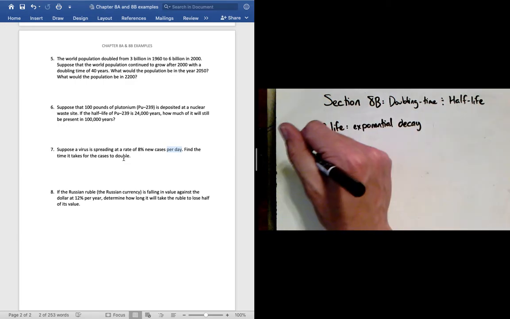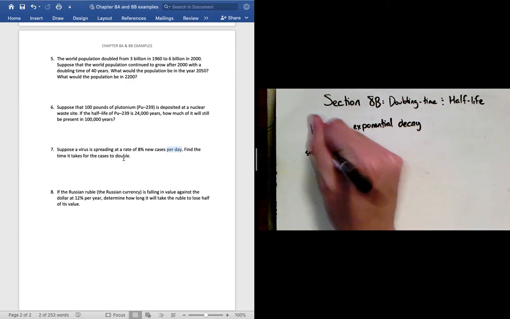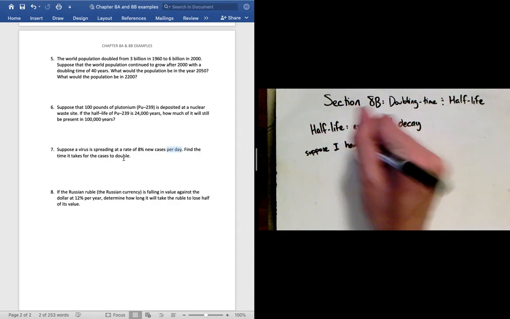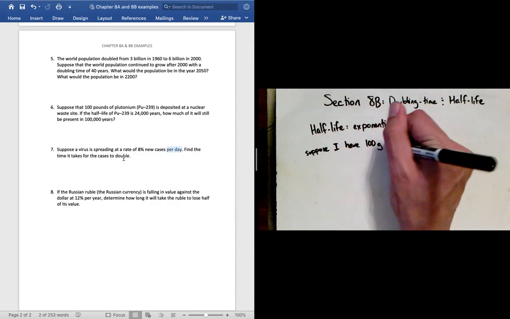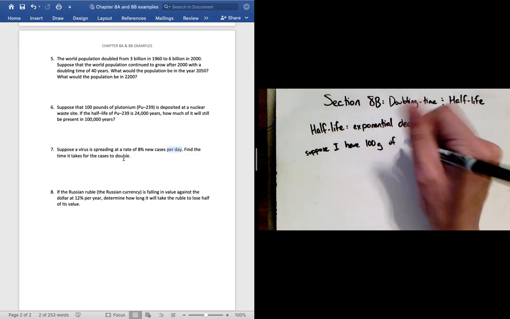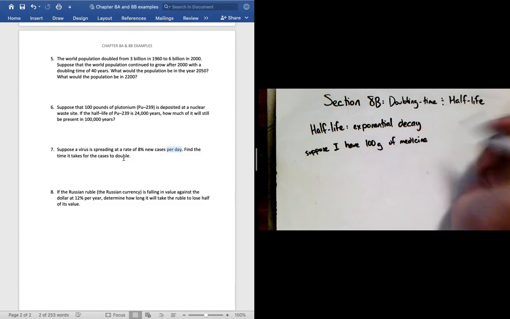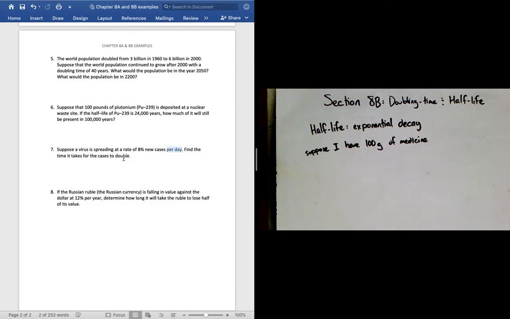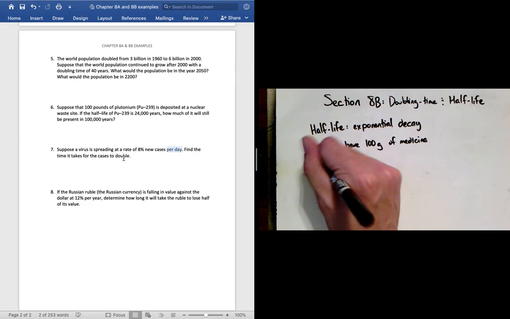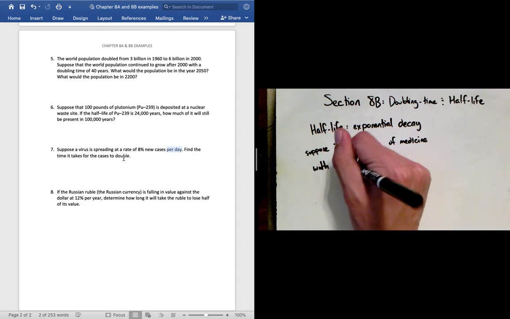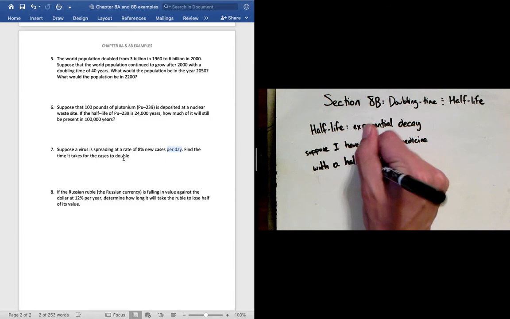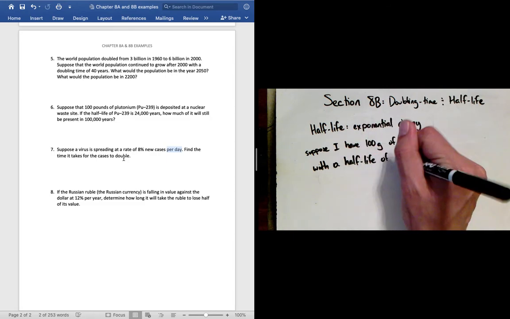Suppose I have 100 grams of medicine. Maybe it's some sort of anesthesia, and we have 100 grams of medicine in my body, and let's say it has a half-life of 1 hour.